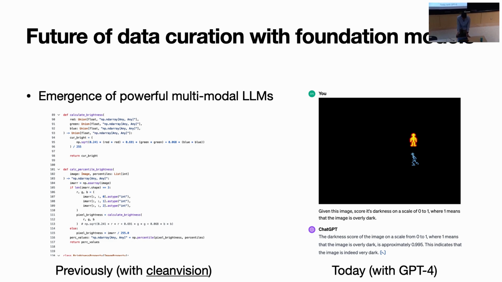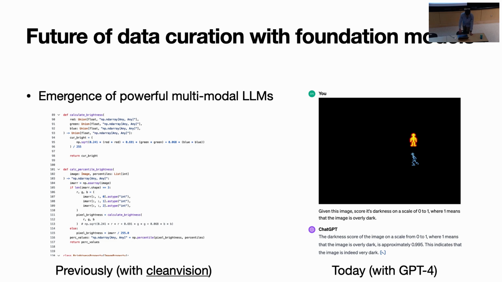What we used to have to do with Python code we wrote, like we had this package called Cleanvision that could find a bunch of issues in image data. Okay, you have a big data set. Here's an actual image from ImageNet, by the way. One of the things you might want to do is find the really dark images or light images or blurry images. Before, in order to do that, we had to write Python code that implemented basically classical computer vision algorithms to identify those issues.